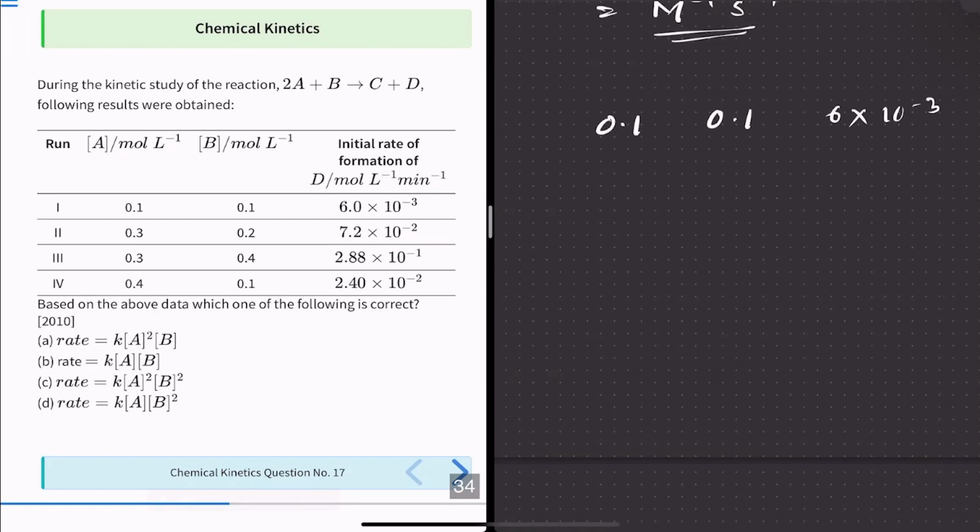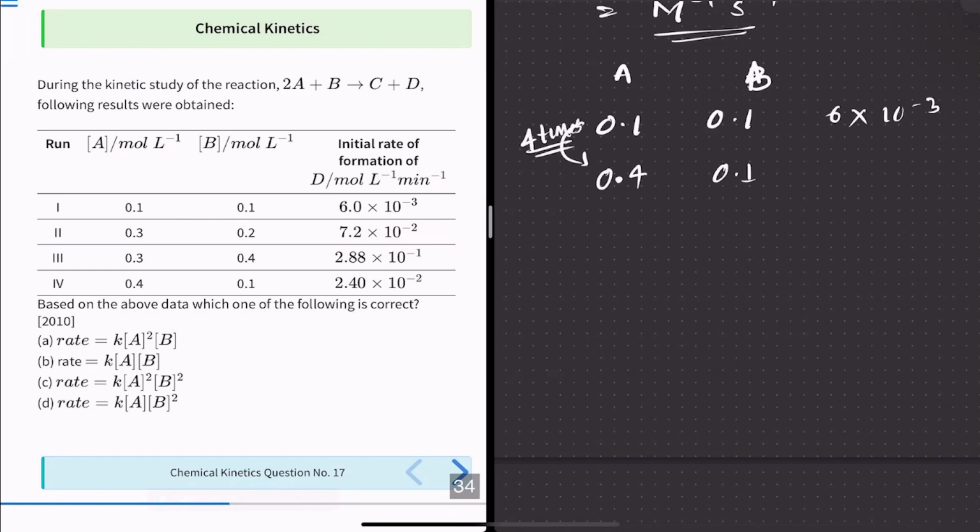Let's see this way. 0.1, 0.1 was the initial concentration of A and B. Let's focus on run IV. Here we increase the concentration of A to 0.4 and B remains constant. Means A increased 4 times.